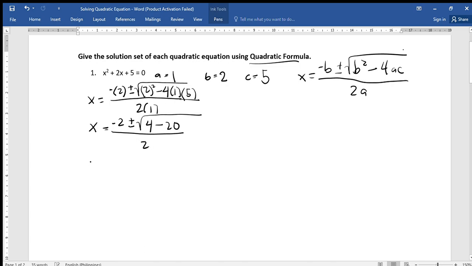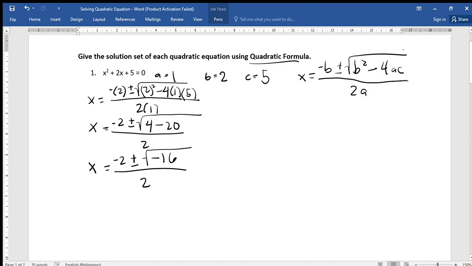So x is equal to negative 2 plus minus square root of 4 minus 20, negative 16, kasi yung 4 bawasan mo ng 20, that's negative 16, all over 2. Pagdating dito, pwede natin hiwalayin na to or pwede natin ilabas muna to.